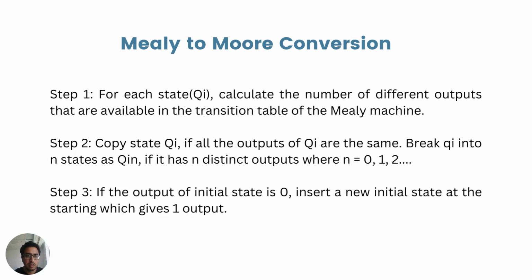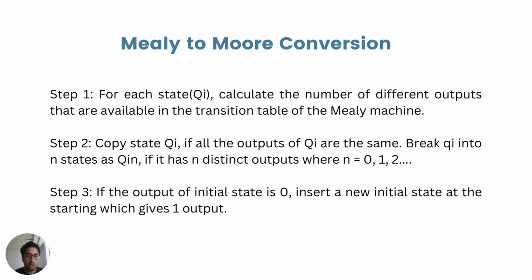Here we will learn step by step how to convert a Mealy machine to a Moore machine, so that you can understand it more properly and in a systematic manner. In step 1, for each state Qi, calculate the number of different outputs that are available in the transition table of the Mealy machine.